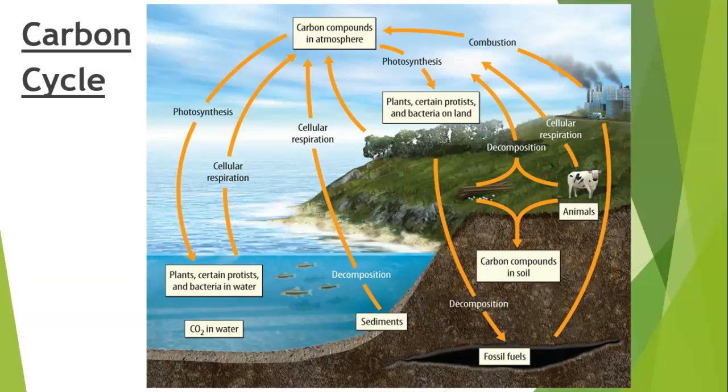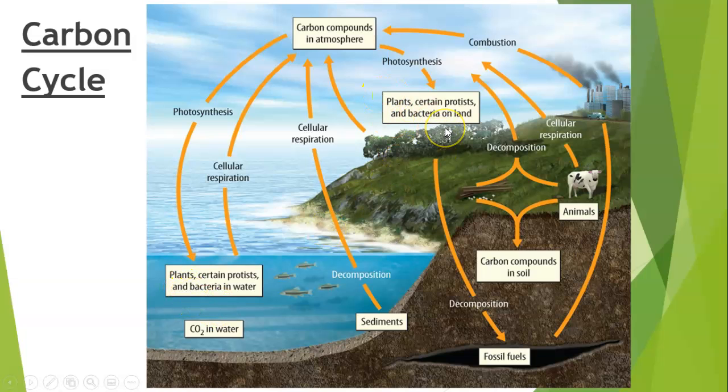Here is a picture or a diagram of the carbon cycle. So let's go ahead, we'll start up here in the atmosphere. So we've got carbon compounds, mostly carbon dioxide, that are found in the atmosphere. Photosynthesis happens with plants that are down here in the ocean. It also happens over here with plants that are on land. So photosynthesis happens, the carbon dioxide is taken in by those plants.